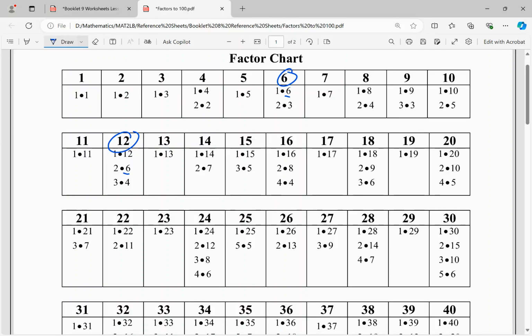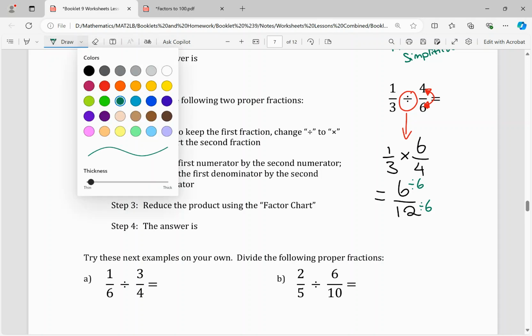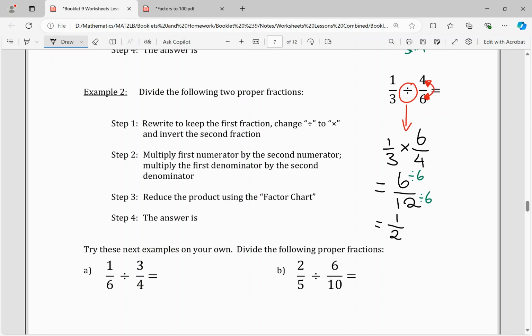And the greatest common factor here is 6. So we take our numerator, we divide it by 6. We take our denominator, we divide it by 6, using either the factor chart or the calculator or mental math. We know that 6 divided by 6 is 1, and 12 divided by 6 is 2, giving us a final answer of 1/2.